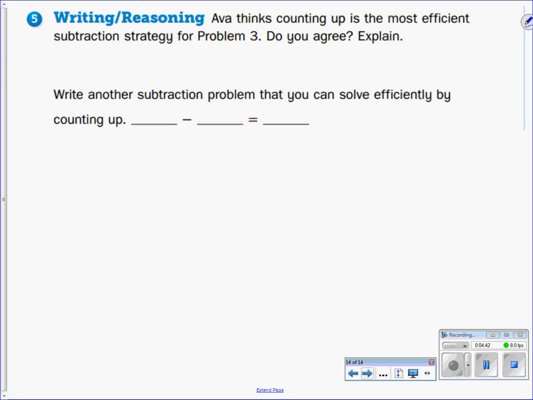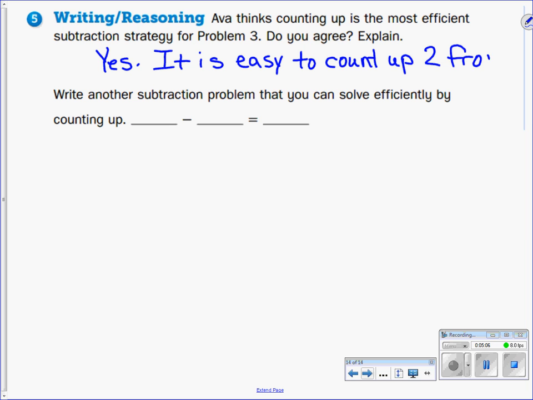I would have to say yes, that I agree, because it is easy to count up 2 from 998 to 1,000. All right?